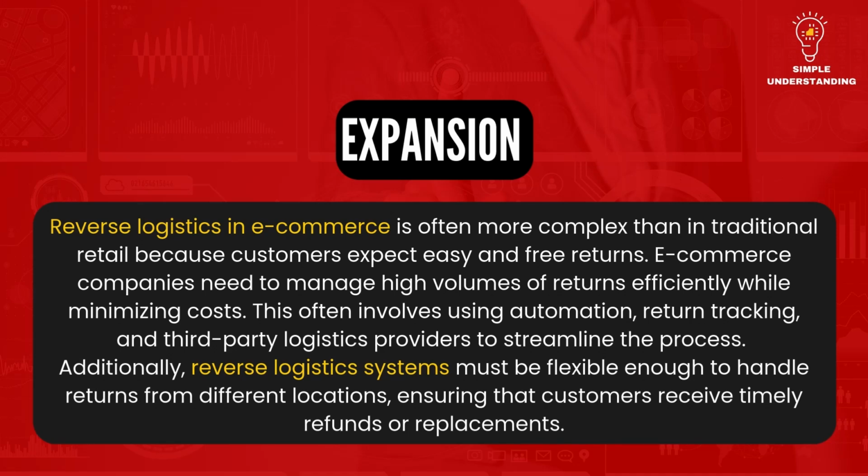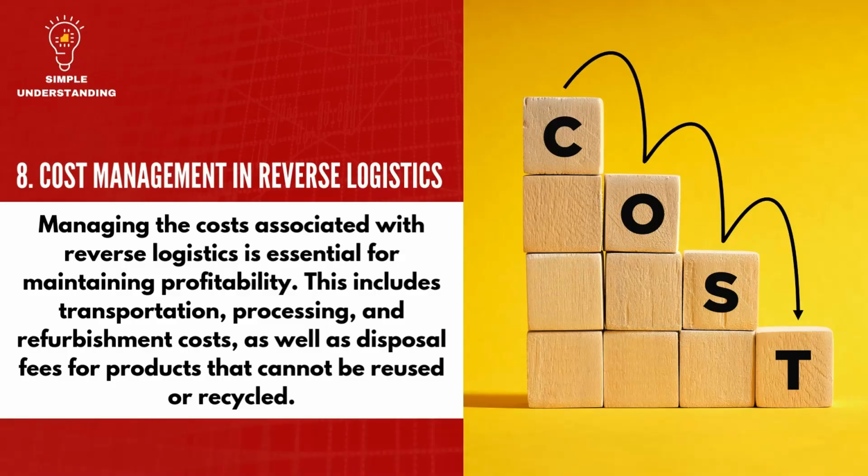Additionally, reverse logistics systems must be flexible enough to handle returns from different locations, ensuring that customers receive timely refunds or replacements. 8. Cost management in reverse logistics. Explanation. Managing the costs associated with reverse logistics is essential for maintaining profitability.